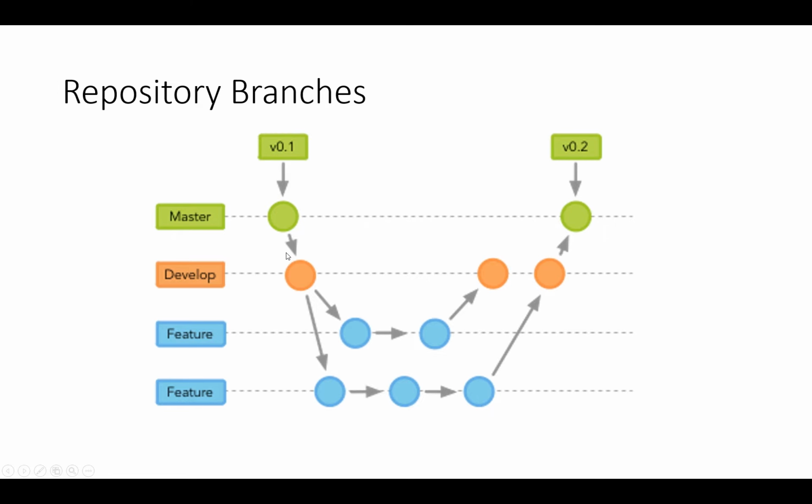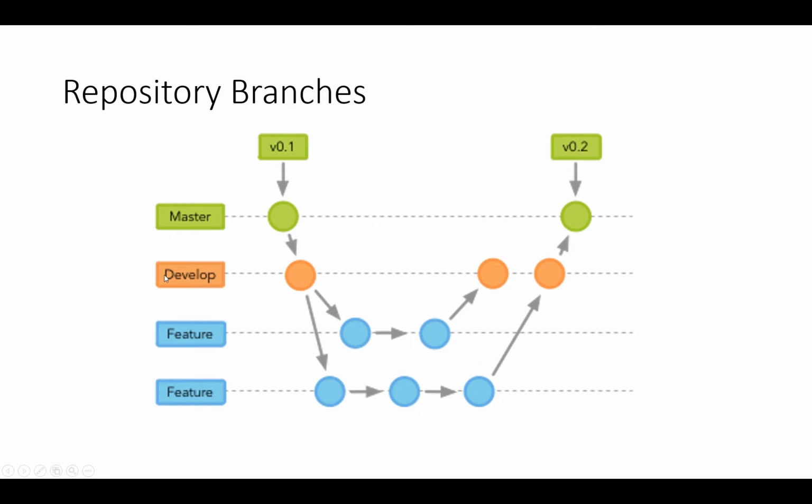So this allows for different branching strategies, and this is a common one where you have a master branch and you never commit inside of the master branch. You always merge from some other branch, and you only merge when you have something ready for release. So that's usually what happens when you have a master branch.